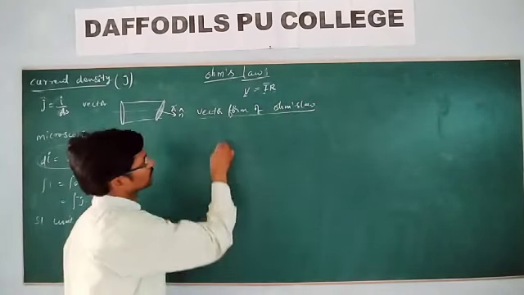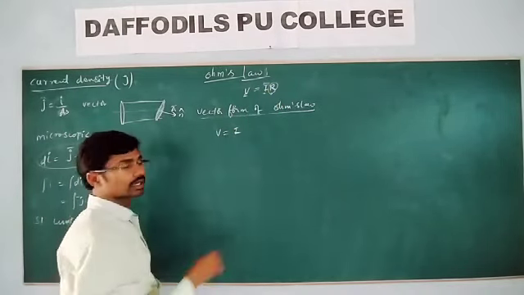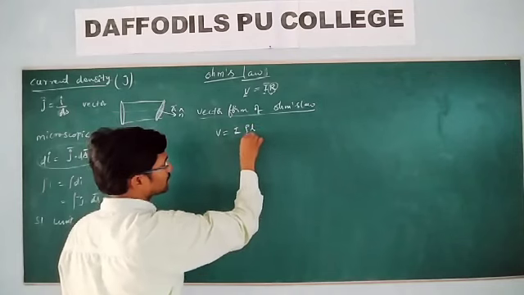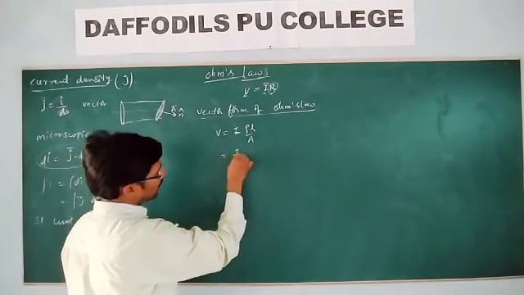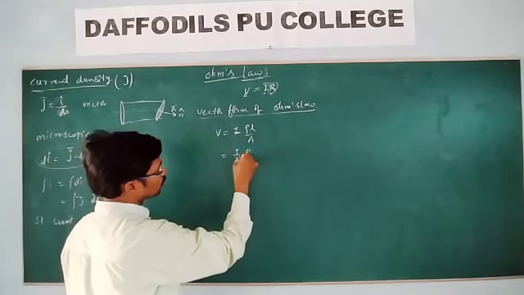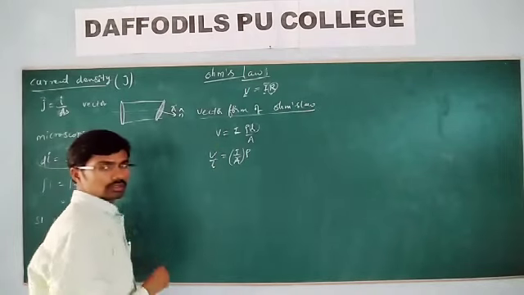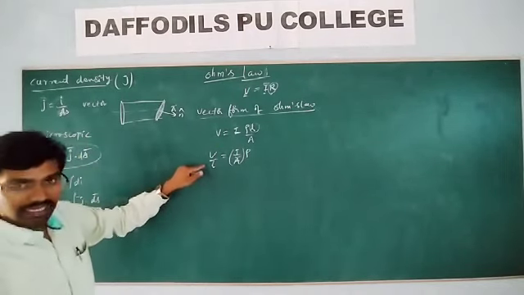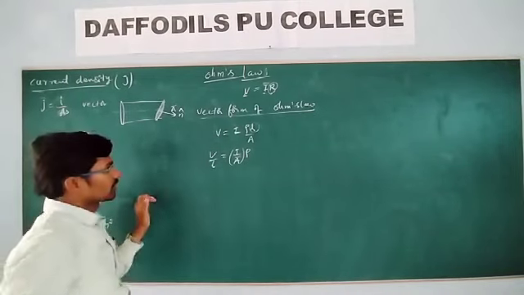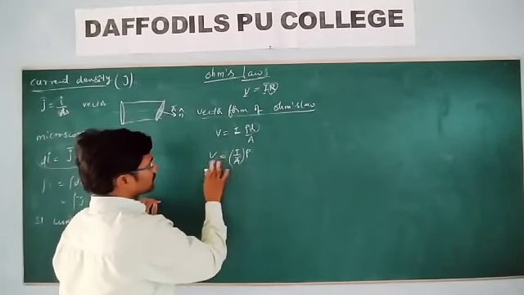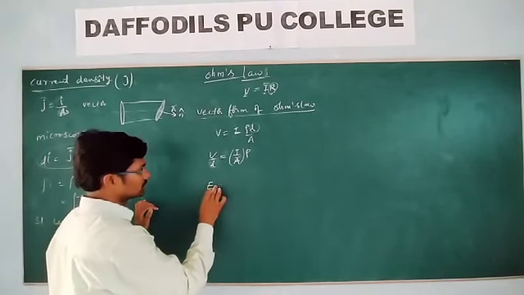How do we get it? We know that V is equal to I into the resistance of the conductor, rho L by A. That is equal to I by A into rho, bringing L to this side, V by L. V by L is nothing but potential difference per unit length, which is the electric field.